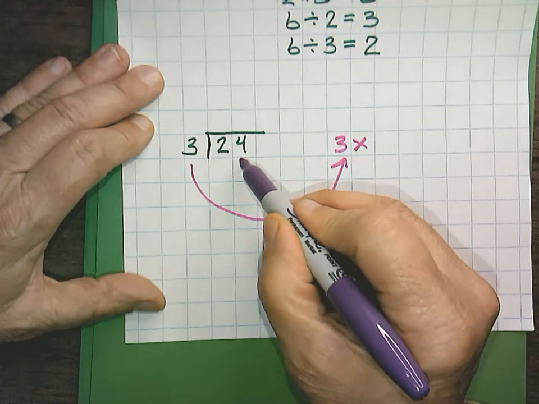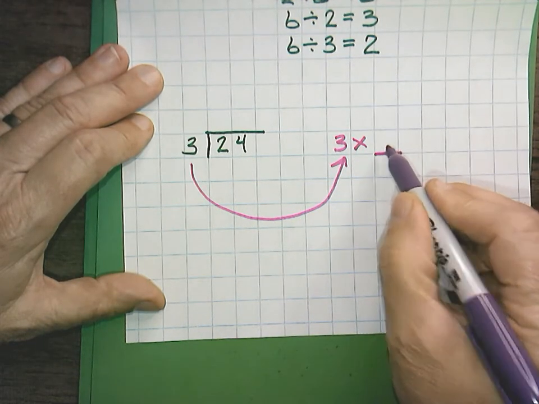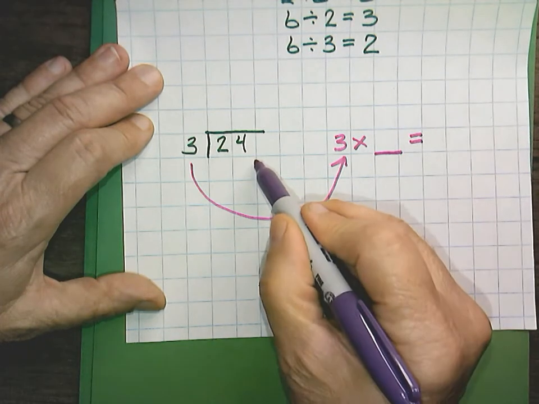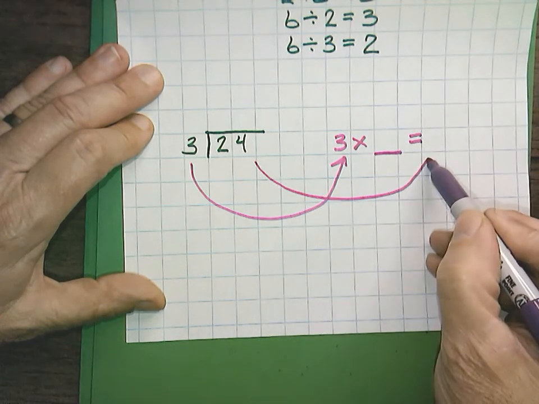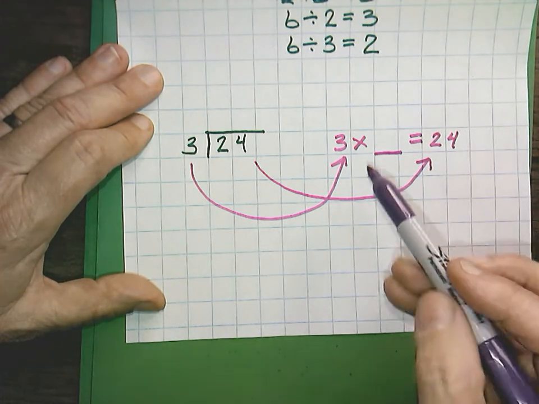Now, the 24 is going to be our total. We're looking for this value right here, so I'll leave that blank right now. And then the 24 would come over here.